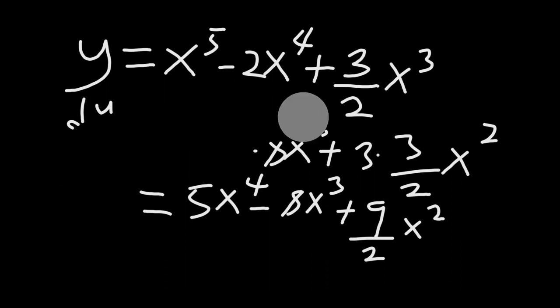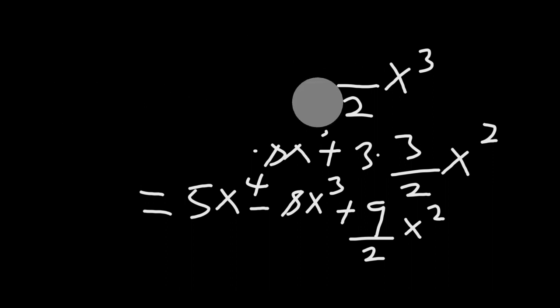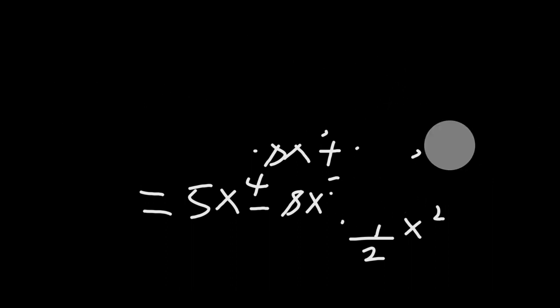Now, let's look at how you can use the power rule to find the derivative of a constant. So let's try. We are given y is equal to 5. Let's say you are having a function like this, y is equal to 5, and you have to use the power rule to find the derivative of this function. Okay.